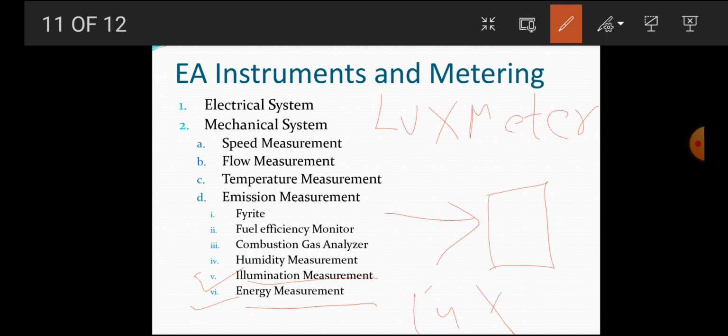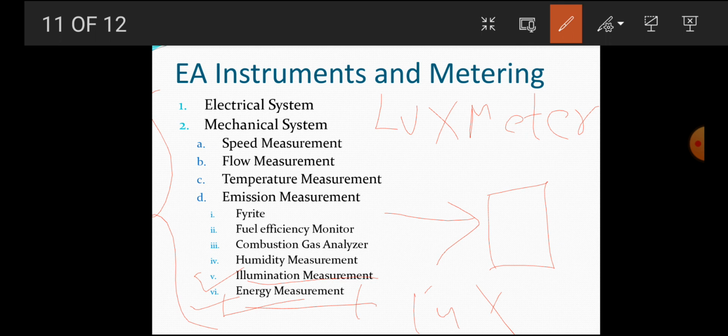Wireless communication is used for communicating data, so time and money are saved. It provides accurate readings and is controlled by mobile or internet. So that is smart meters for measuring electricity. So these are all the major instruments for metering.